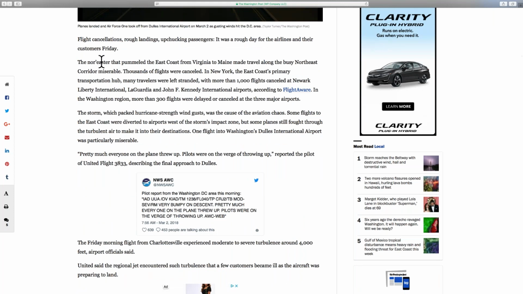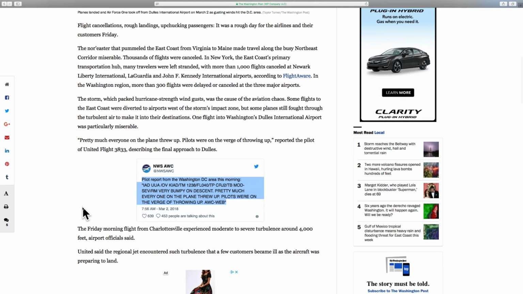Well, this was a plane that was flying into Dulles in Washington, D.C., and one of our dispatchers got an ACARS that said something like this, and so they immediately published a PIREP.